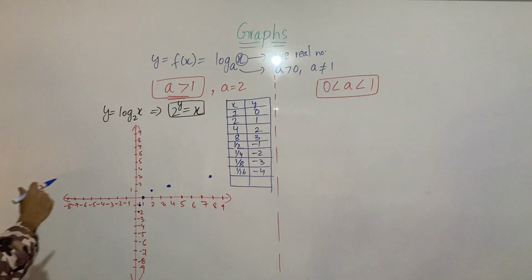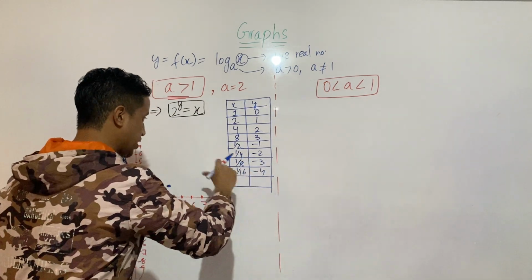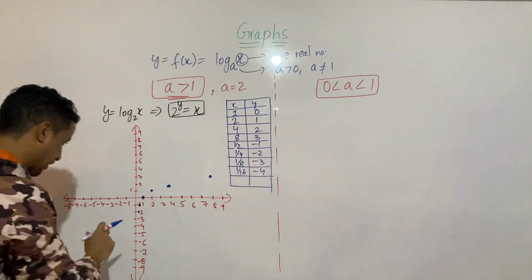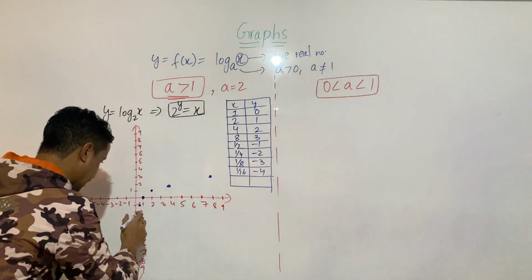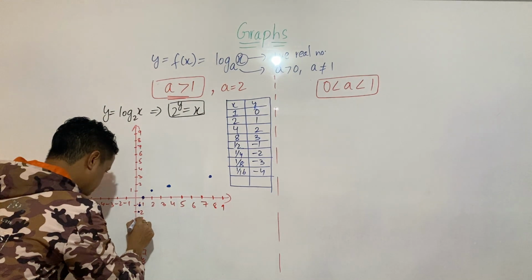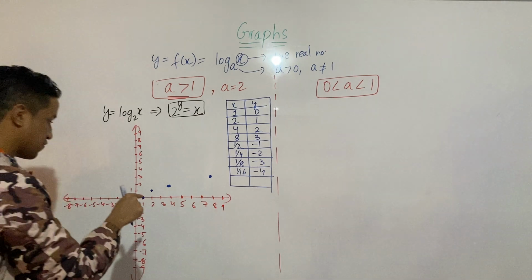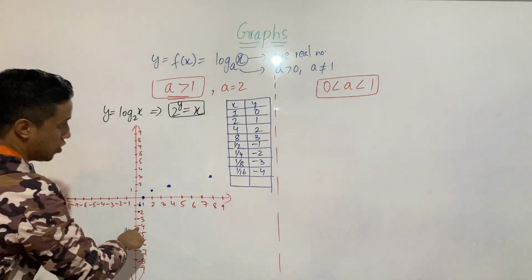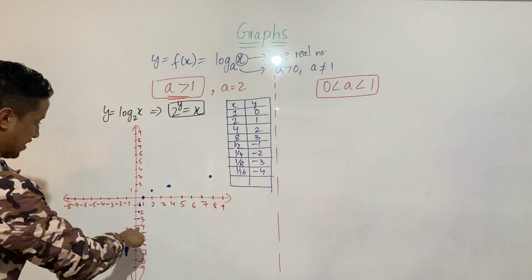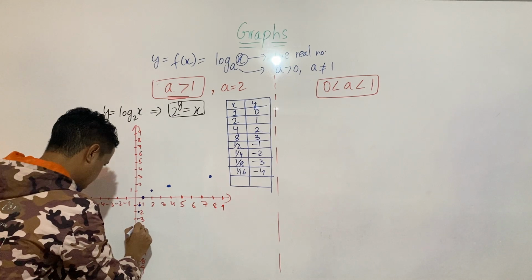Okay, then minus 3, 1 by 8, it's going to be close. Okay, then minus 4, 1 by 16, it's going to be here.